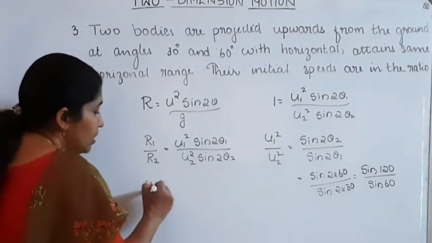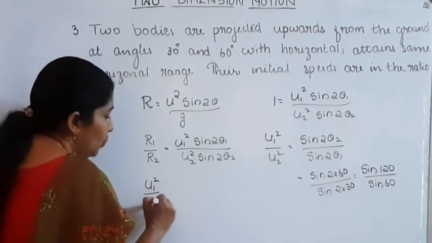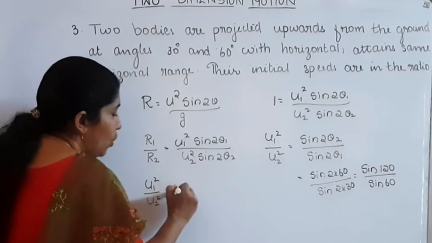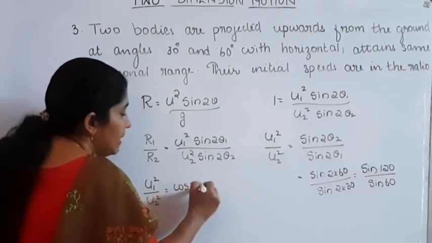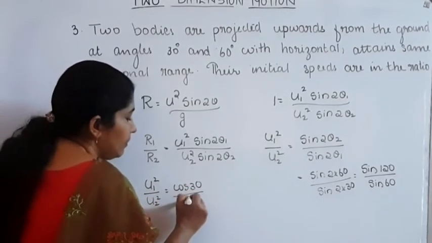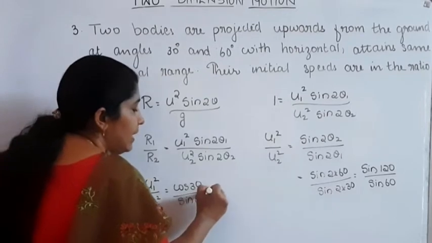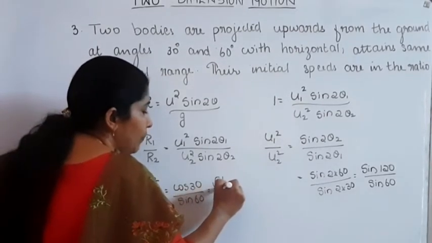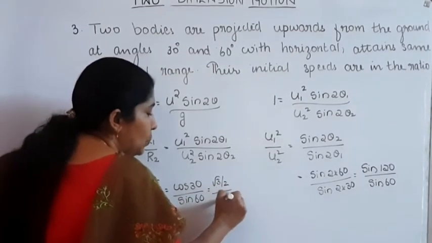Therefore, U1 square divided by U2 square equals cos 30 divided by sine 60. Cos 30 is equal to root 3 by 2. Sine 60 is equal to root 3 by 2.